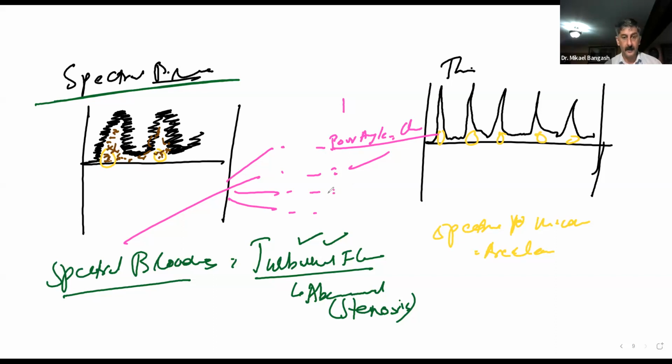Or the sample window is too big. You might see something that looks like spectral broadening, which is not due to a turbulent flow, but mainly because you set your sample window too big.